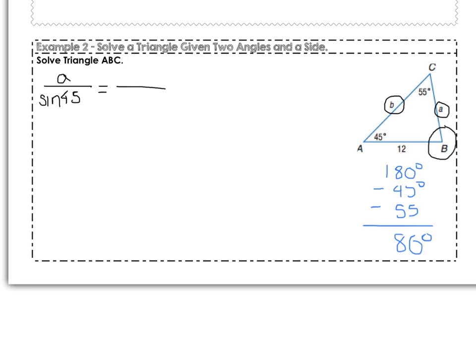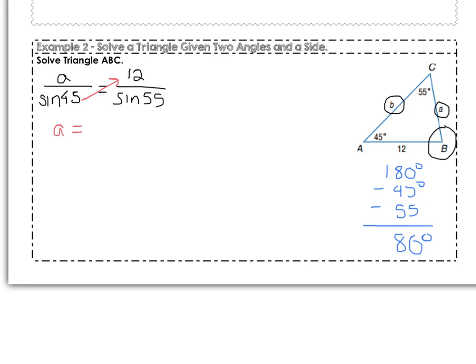Well, the other firm relationship I was given was side C, which is 12 divided by sine of 55. Notice that because I placed A in the numerator, what I was solving for, it is going to be really easy. All I'm going to do is multiply both sides by sine of 45.